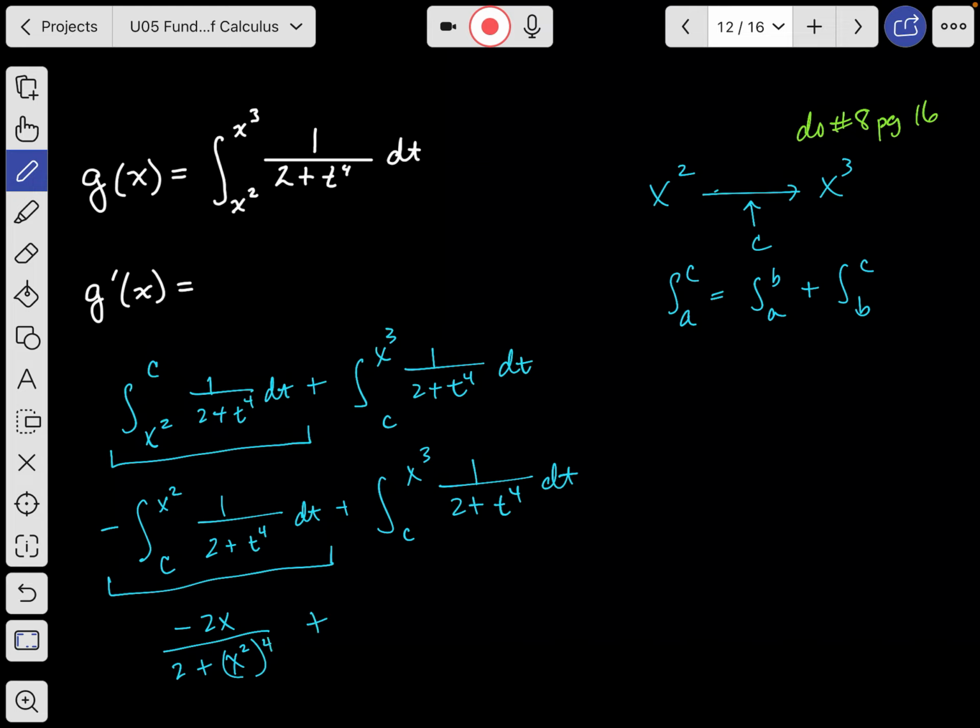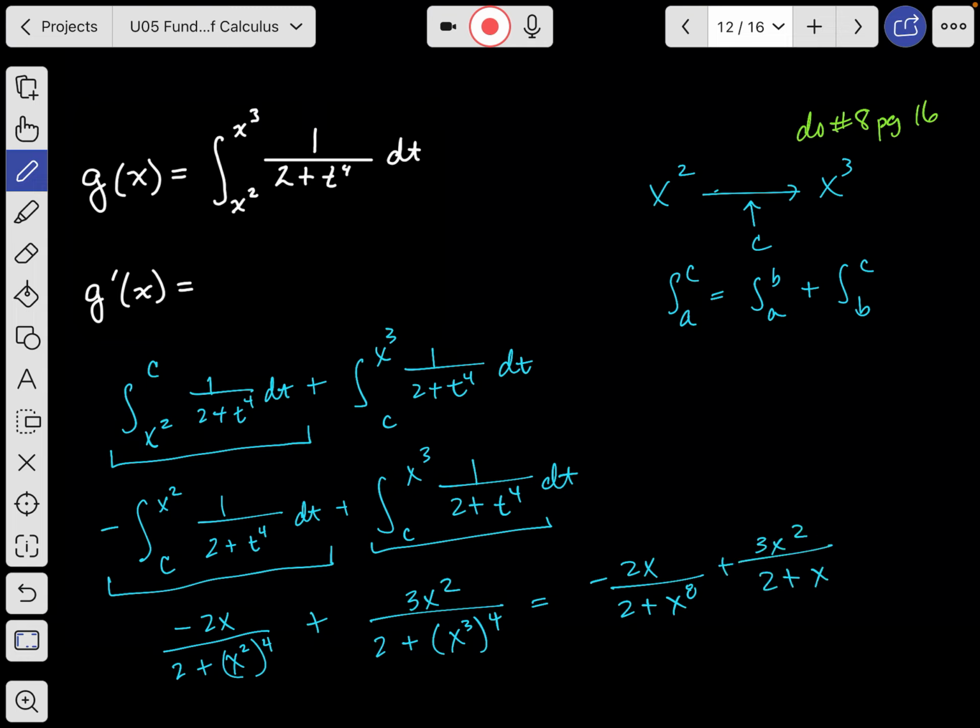And then plus, this time, the derivative of the upper limit is going to be 3x squared. So that's what I'm going to be multiplying by. So I'm going to go ahead and combine it together, and then I'm going to evaluate the function at that upper limit. And then I will go ahead and clean up just a tick. So negative 2x over 2 plus x to the 8th, plus 3x squared over 2 plus x to the 12th.